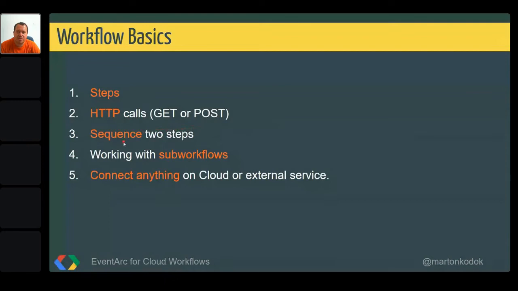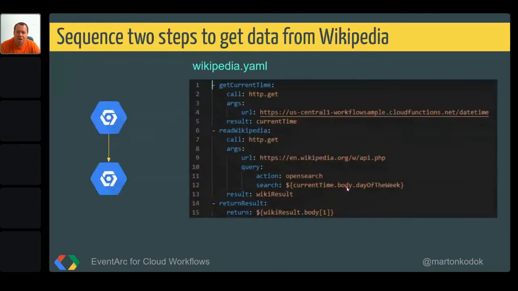In order to do some logic, you need to segment into 2 steps. The first step is getting out the data. The second step, do some action on it. There are possibilities to do sub-workflows, which means that, for example, sending an email could be a sub-workflow, and you only call it by name and add the parameters to it. Then you can connect anything on cloud or external services using the HTTP syntax at all.